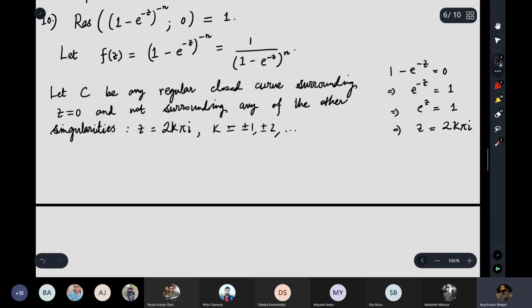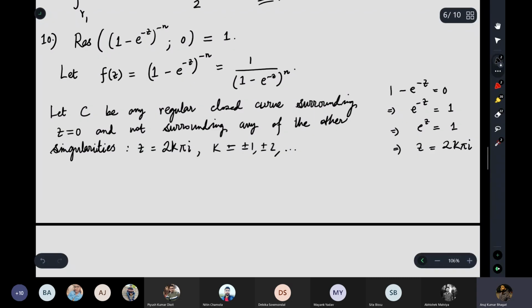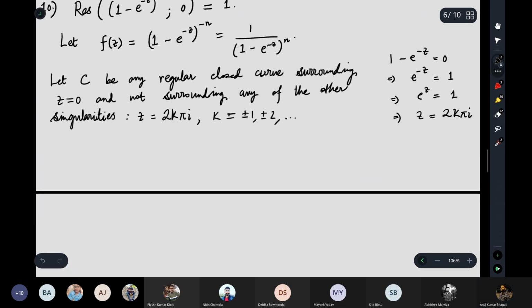So what is my point? I'll tell you why I'm doing this. If I use the Cauchy integral formula, what is this integration? This C and this C are the same. Just notice that. What is this by the Cauchy residue formula?